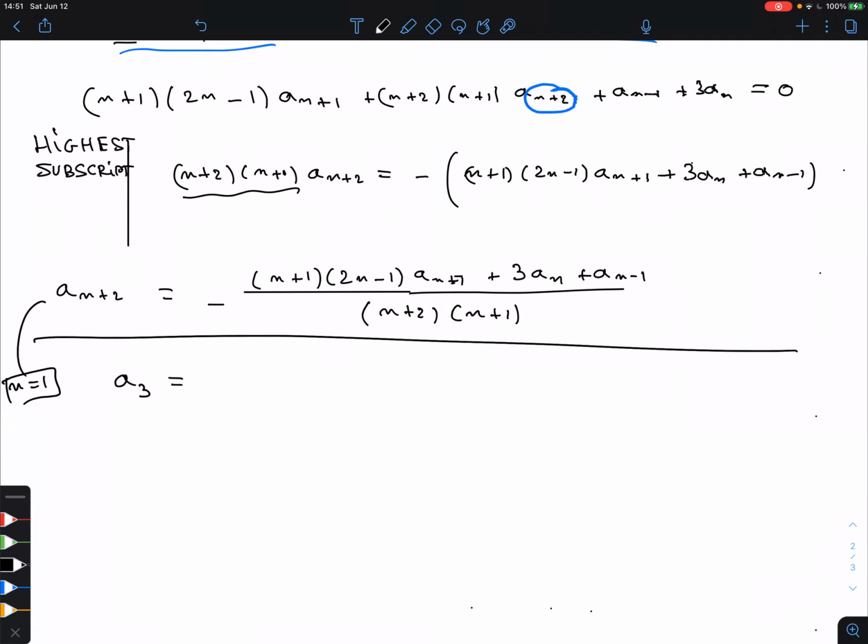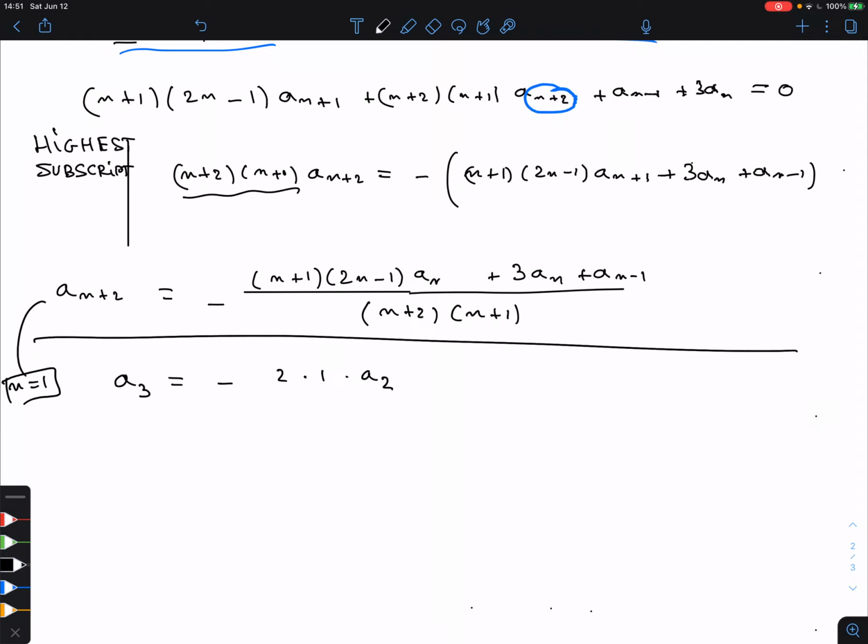And so now we plug in 1 on the right-hand side, and we get minus 2 times 1 times a2, plus 3 times a1 plus a0, divided by 3 times 2.